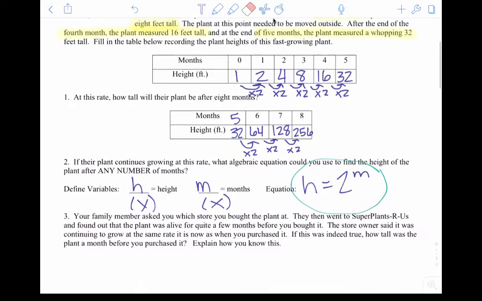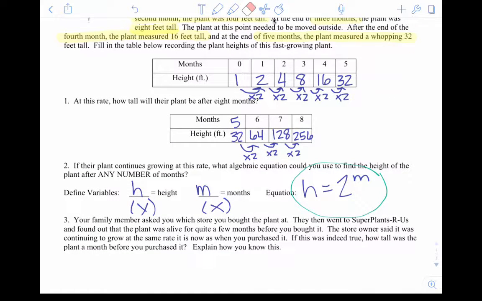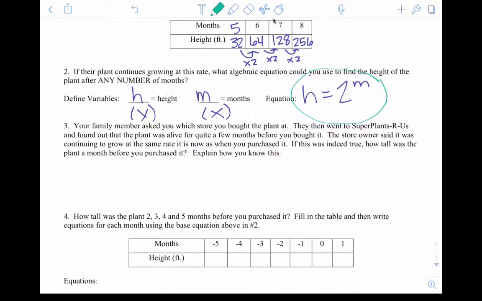Well, looking back at the growth of the plant, every month that went by, it doubled, it multiplied by 2. So if we go backwards in time, every month that we go backwards, we're just going to divide by 2. So if it was 1 foot tall when I bought it, then the month before, it's going to be 1 divided by 2, which is just 1/2. Because division is the same as a fraction. So this is 1/2 a foot tall.